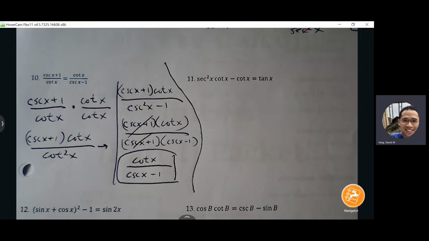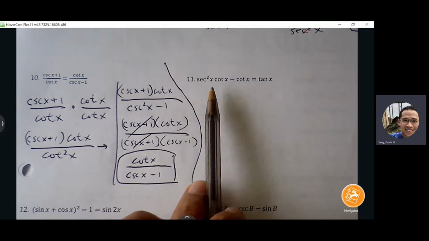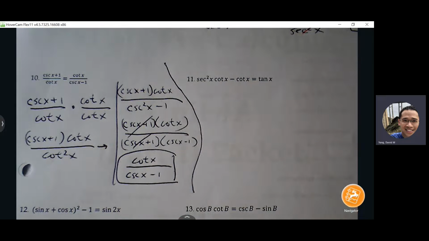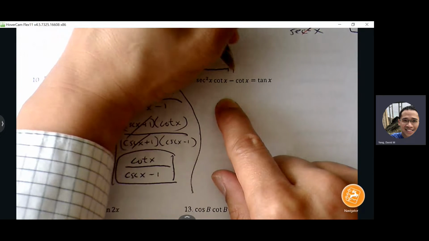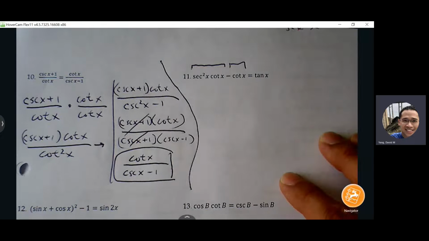Okay, number 11. What's the most efficient first step here? Yeah, that GCF. I think some students got the right answer without GCF, but it just takes a lot longer. If you can look for something common between the two and take out that GCF, it'll make the problem really, really quick.